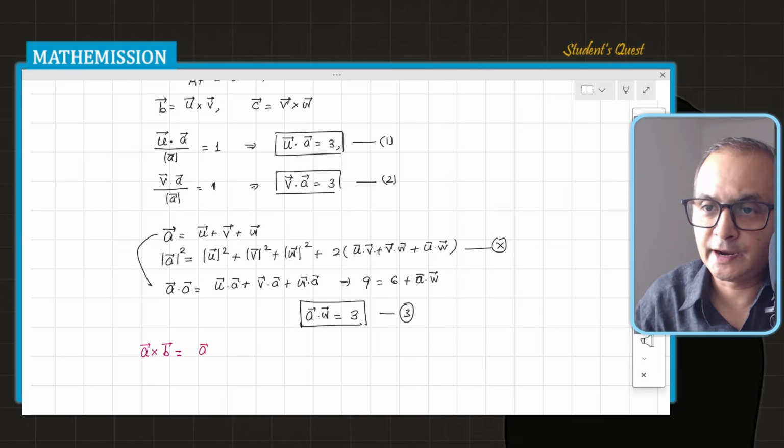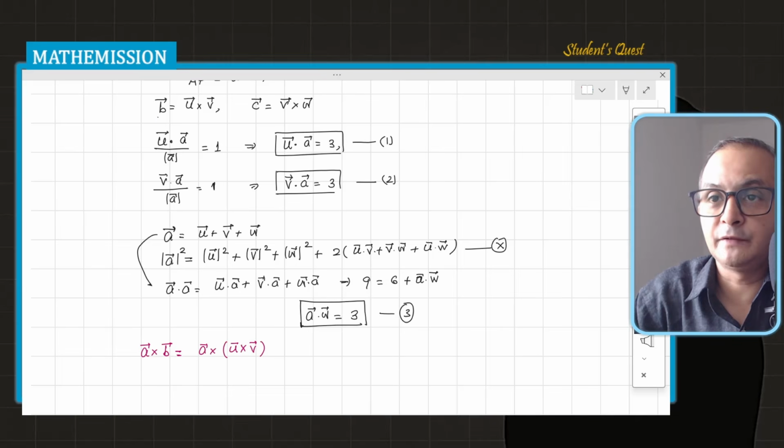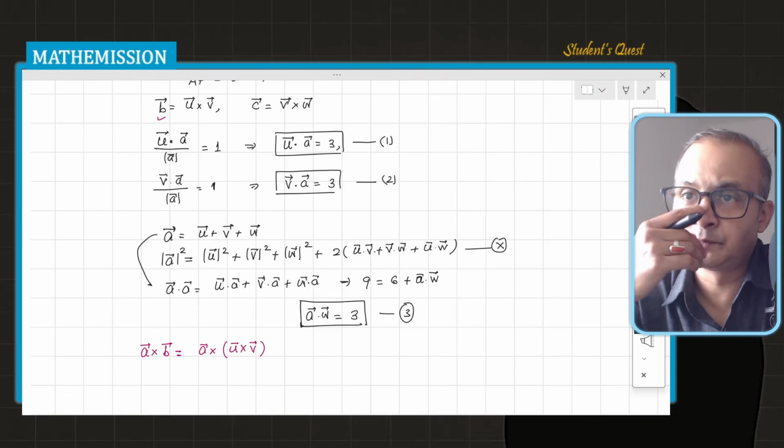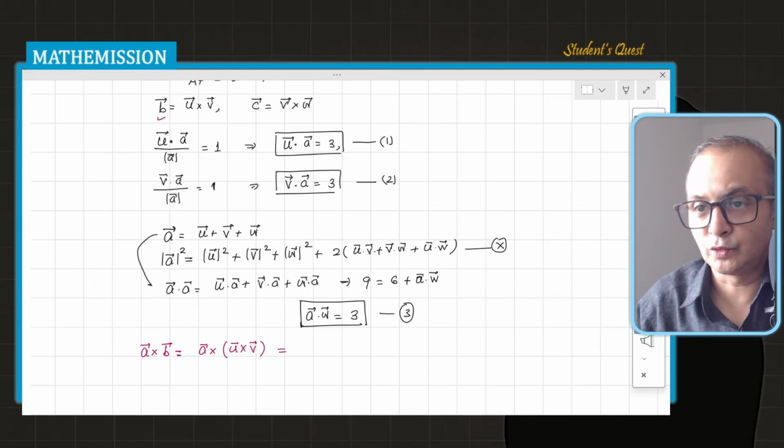So we can write A cross U cross B, U cross V rather, because I have the B vector as U cross V, so I'm finding A cross B. Notice that the B vector is the area vector formed by the edges of that face. So what is this?